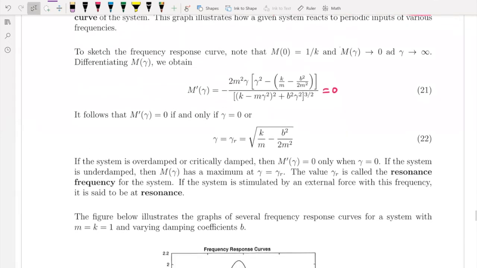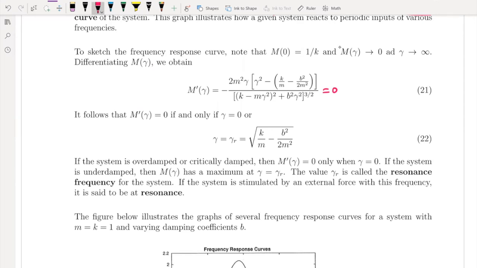But think about it. If your system is overdamped or critically damped, we talked about this before, right? Which means there's no maximum. Then M prime of gamma equals 0 only when gamma equals 0. I mean, there's no other point. As I showed you in the previous section, the spring is stretched, and when you release it, it just goes back to the equilibrium position.